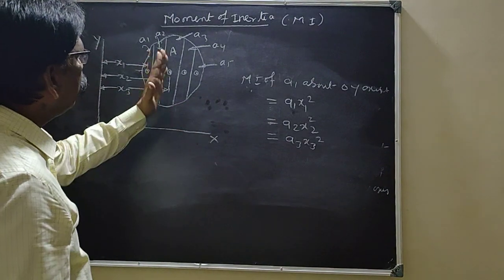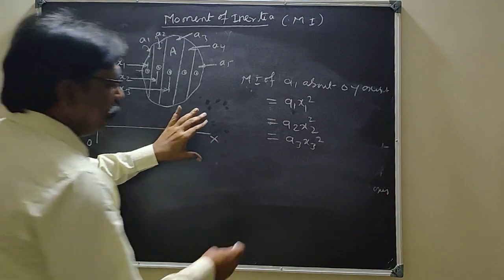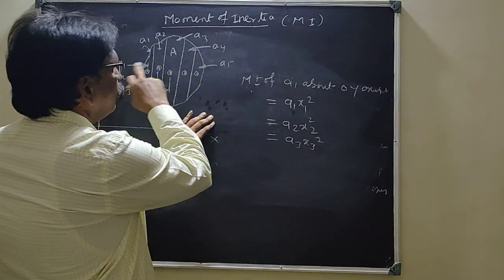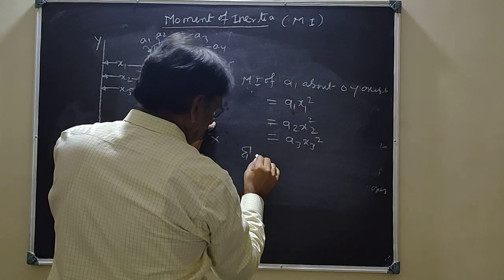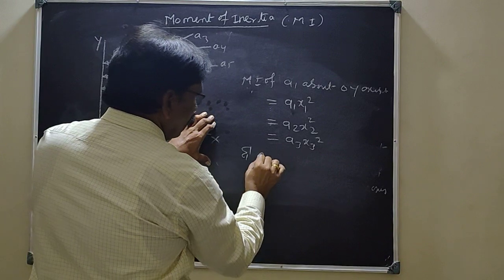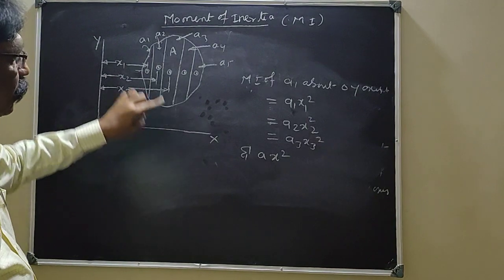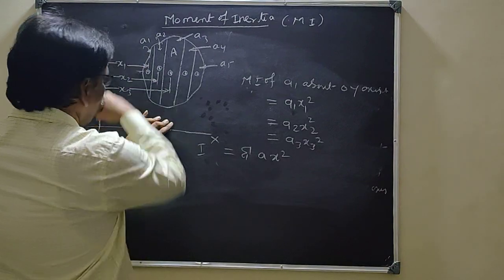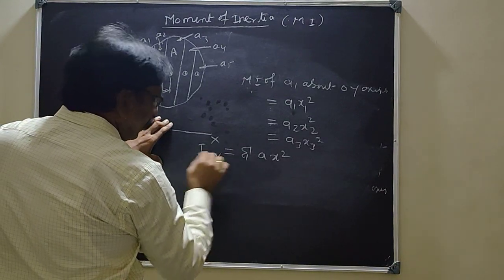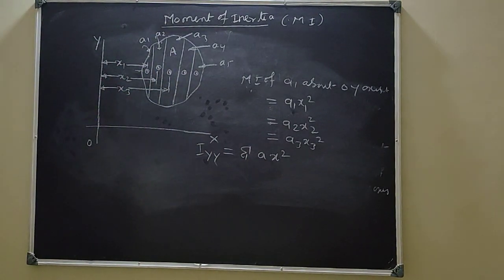So now that it is divided into a number of components, the moments of all these together give the moment of inertia of this total area, which we can represent as sigma A x square. So the total moment of inertia about the y axis, Iyy, is equal to the summation of the moments of inertia of these elements.